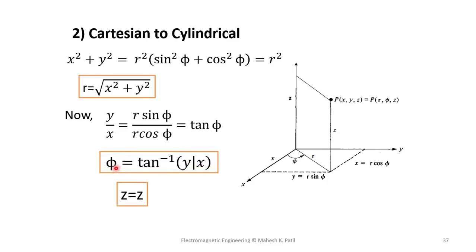So the phi angle can be calculated from the Cartesian values x and y as phi equal to tan inverse of y by x. And we know that the z value is the same: whatever z value is present in Cartesian form, the same z value is there in the cylindrical form. So r is equal to the square root of x square plus y square, phi is equal to tan inverse of y by x, and z is equal to z. Likewise this conversion can be done.